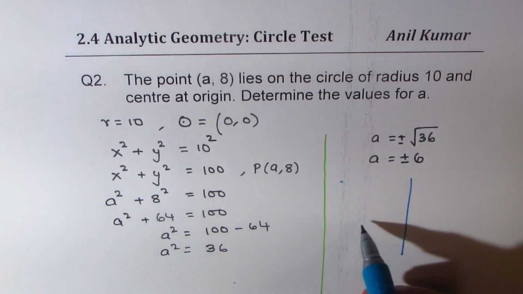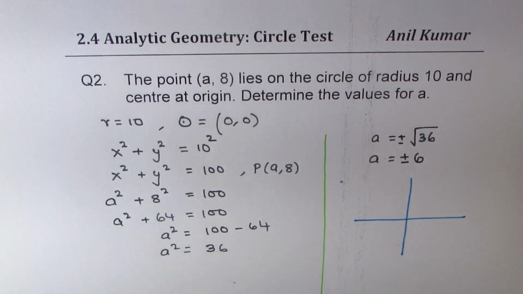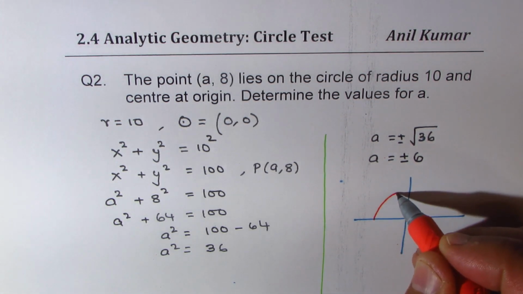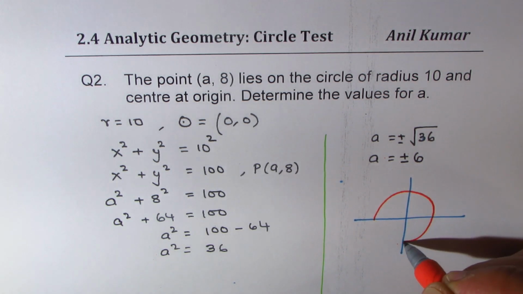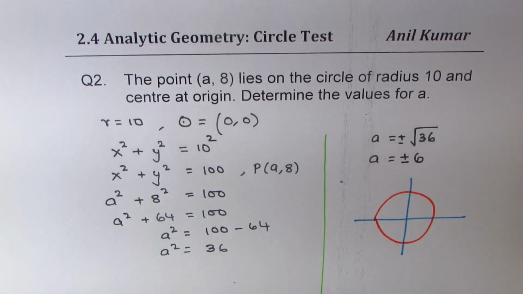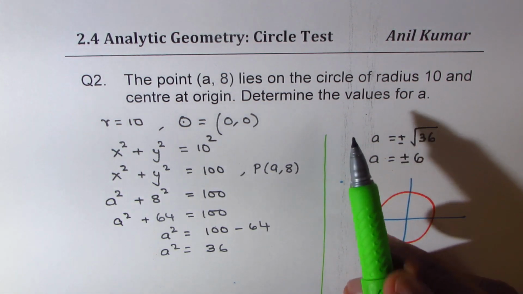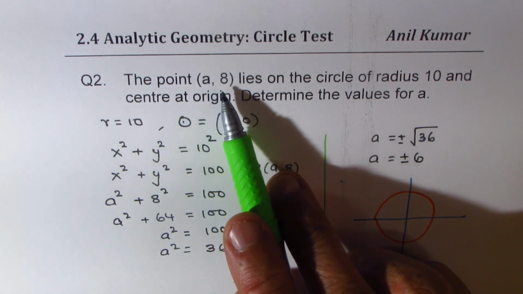Now let me sketch one here, a circle, center being at origin, and let's say this is the circle which has a radius of 10 units. In that case, what we are saying is that the point's y value is 8, right?